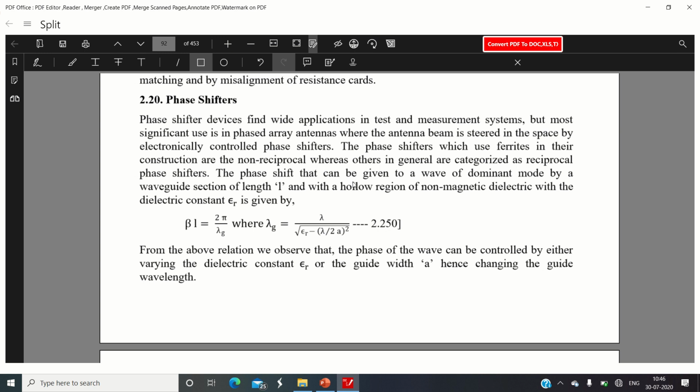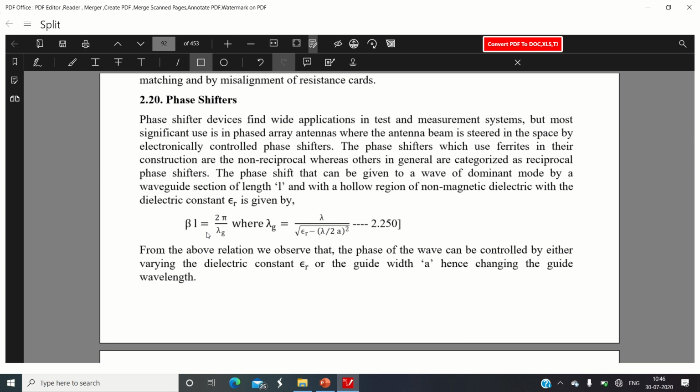The phase shift in the given signal can be achieved by changing the dimension through which the signal is propagating, or by changing the dielectric property through which the wave is propagating. So the phase shifting can be accomplished by beta L, where L is the length of that particular waveguide section.